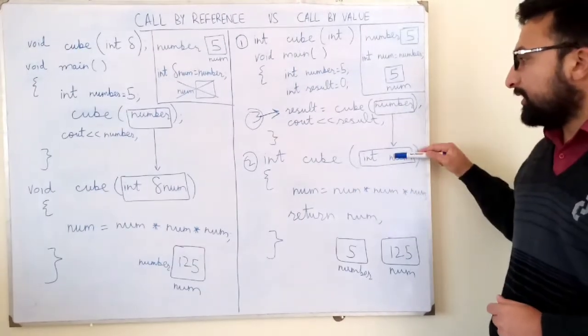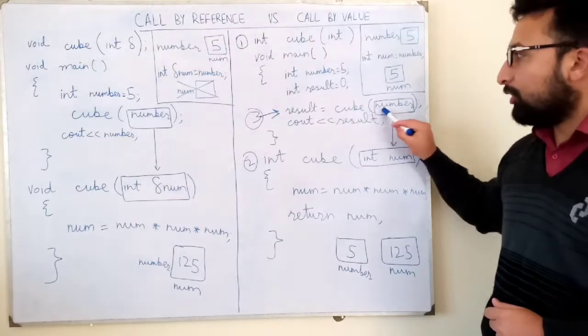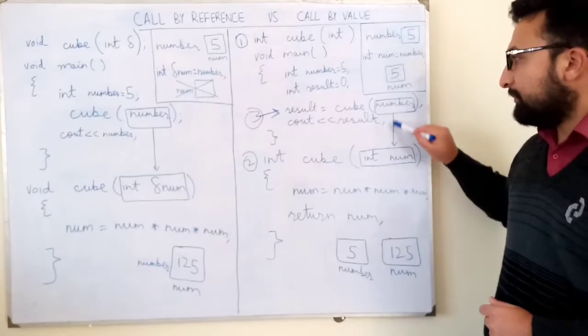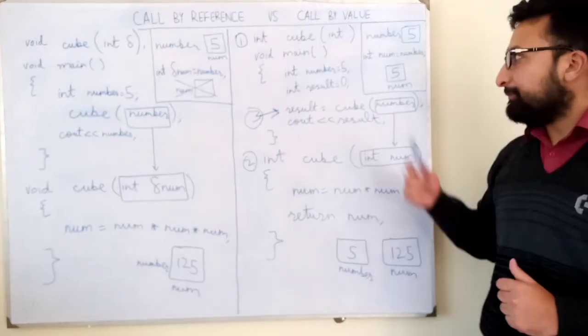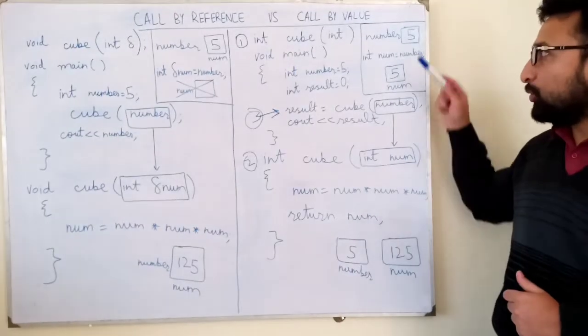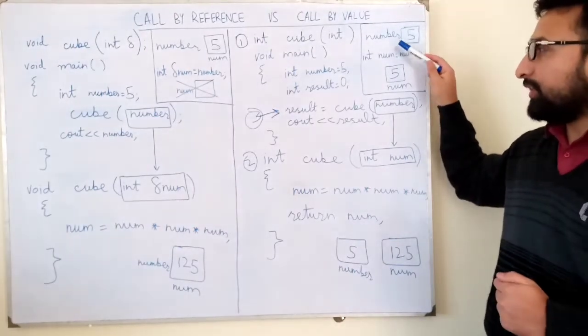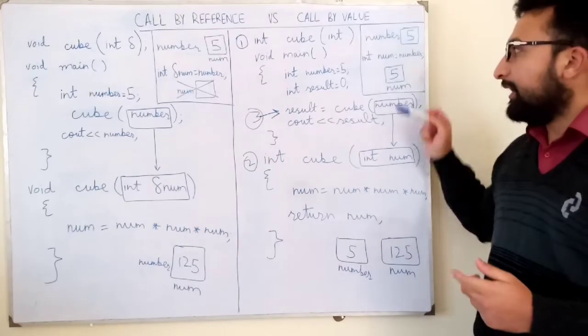So when we do the call, this statement is equivalent to int num equals number. There are now two variables with different names, number and num, in the memory.